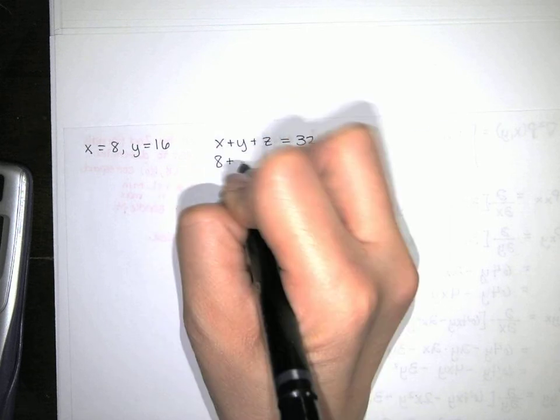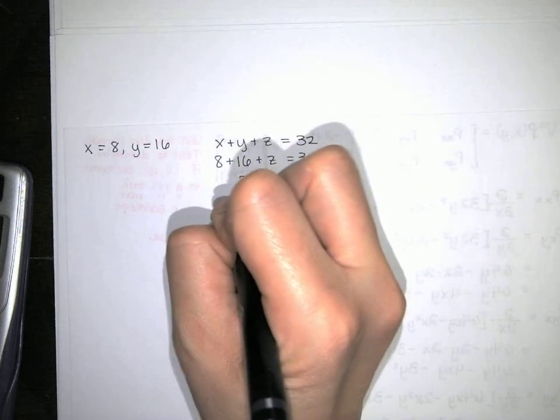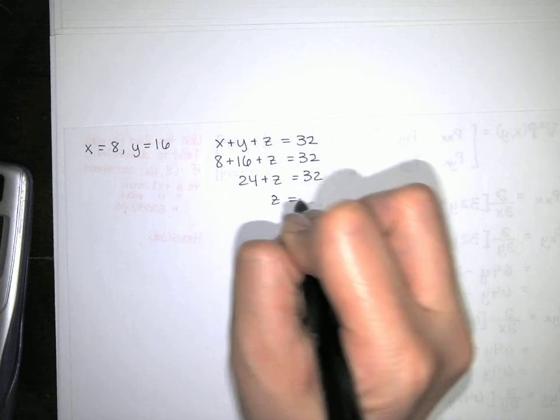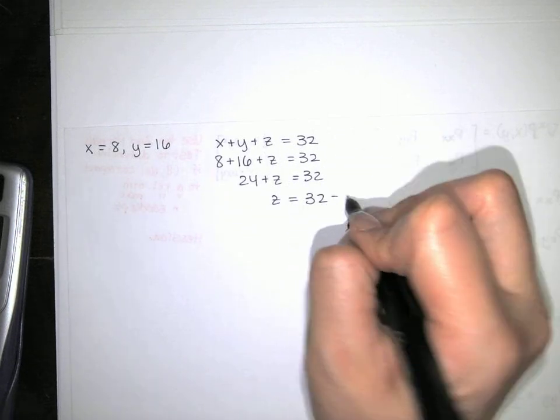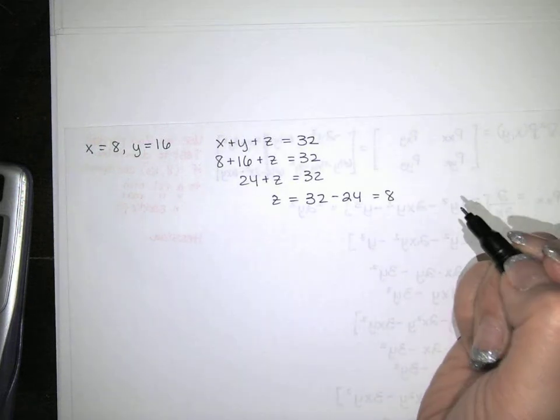So substitute x equals 8 and y equals 16. So you get 24 plus z equals 32. So z is 32 minus 24. So that's 8.